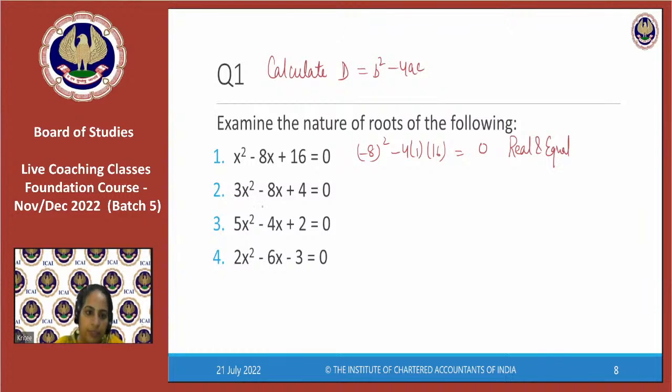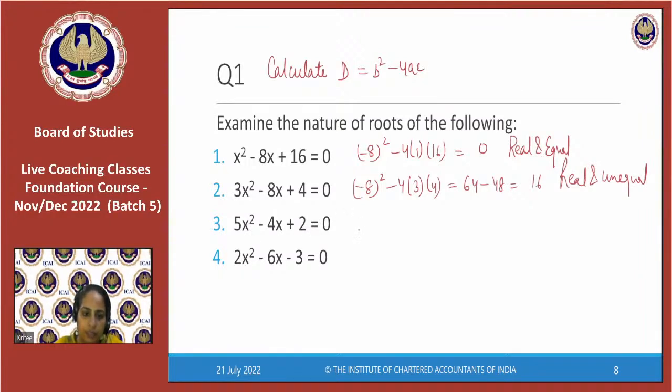In the second part, you will calculate D again. (-8) whole square minus 4 into 3 into 4. So this gives me 64 minus 4, 4s are 16, 3s are 48. So 16. So we will have real and unequal roots.